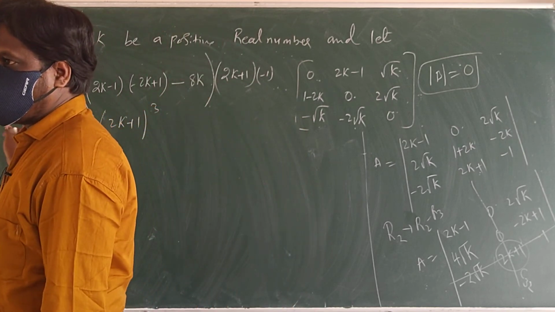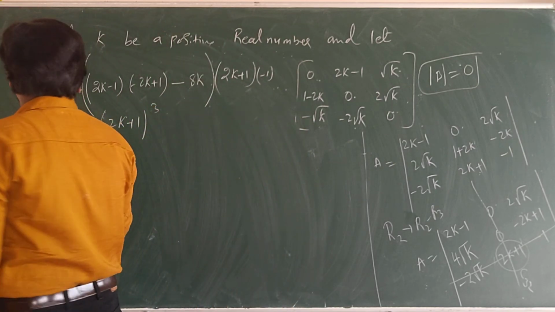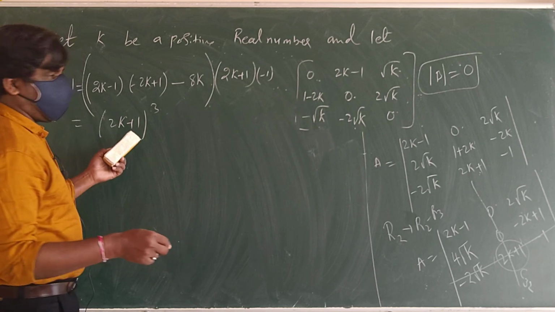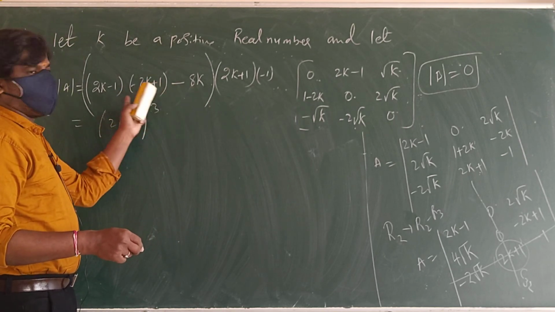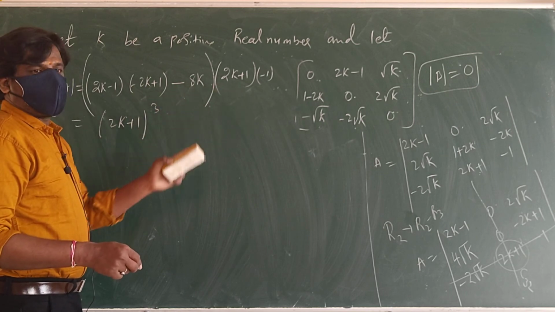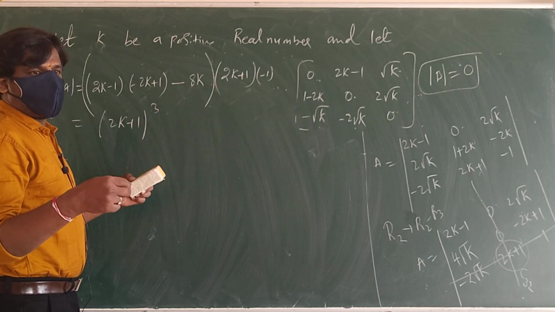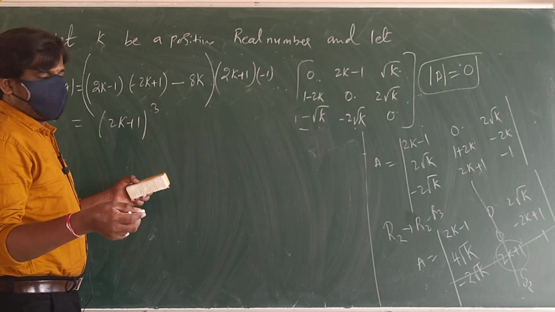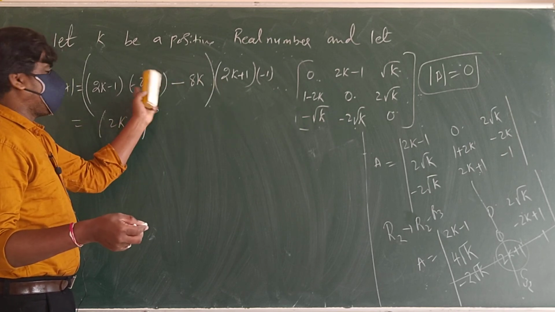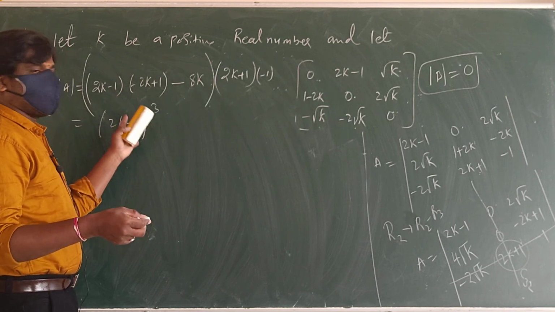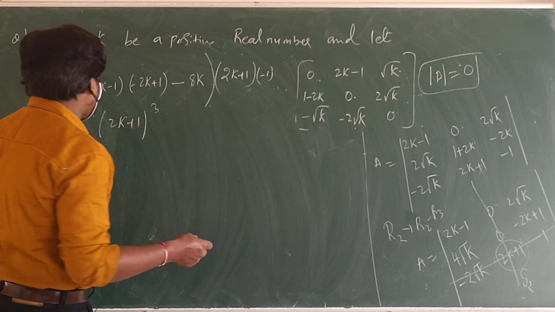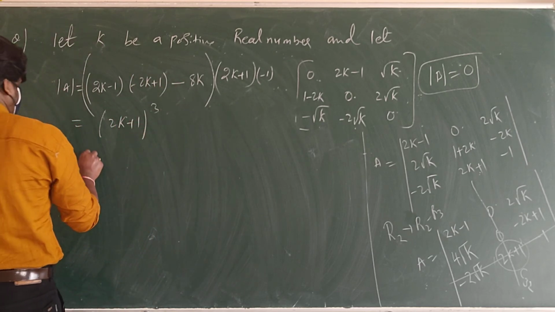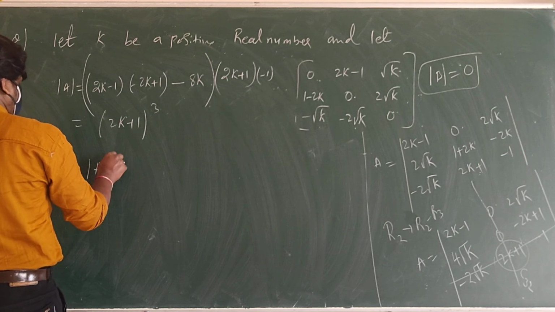Should I write the steps? If you want I will write the steps. You will get here 2k plus 1 whole square formula and outside 2k plus 1 completely, you will get 2k plus 1 whole cube. If you multiply the minus inside, you will get this is 2k plus 1 whole square and outside 2k plus 1 whole cube.